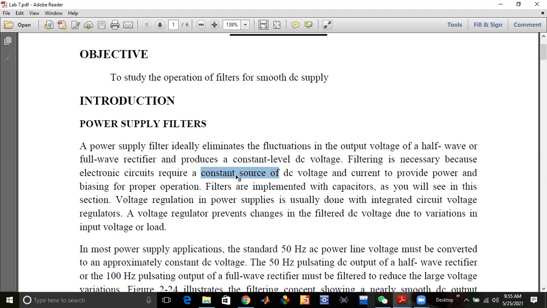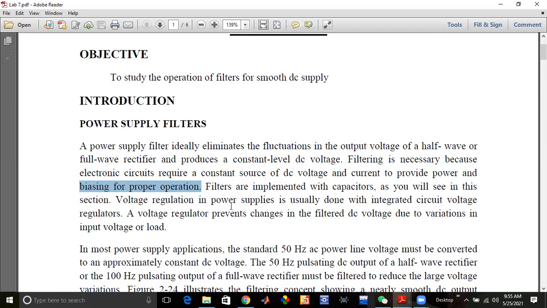So for a constant source, we will remove these fluctuations of the DC voltage and current to provide power and biasing for proper operation. And you know what is meant by biasing: to apply a DC voltage. The filters are implemented with capacitors, as you will see in this section.